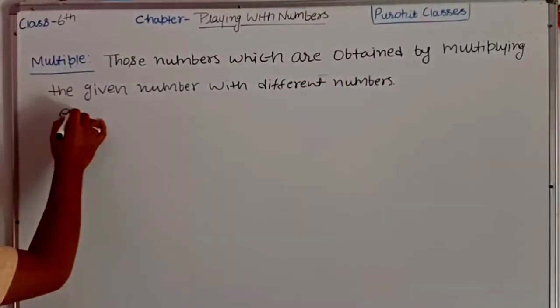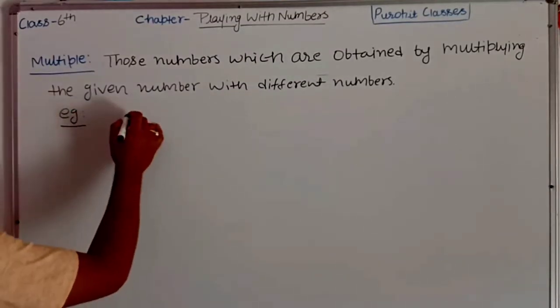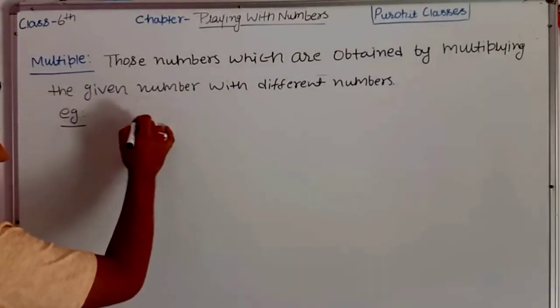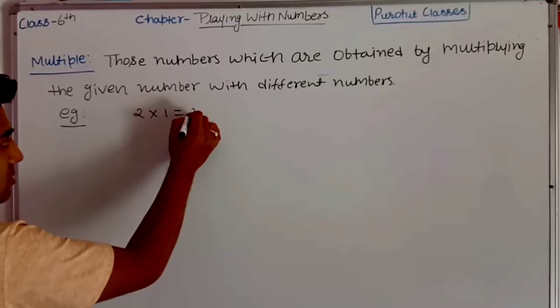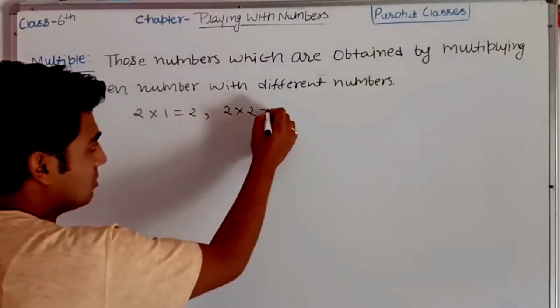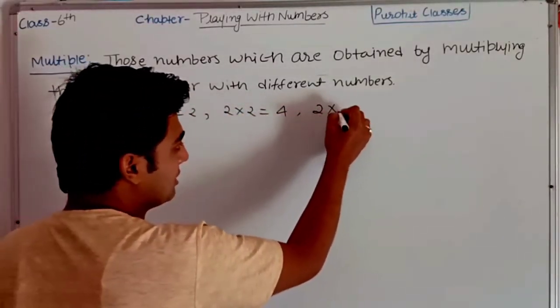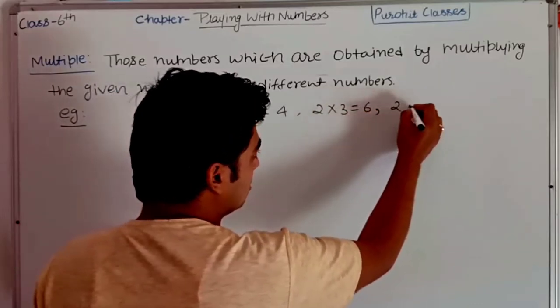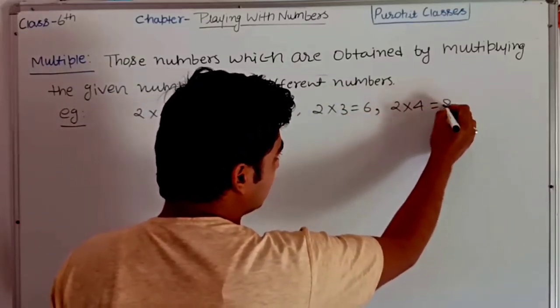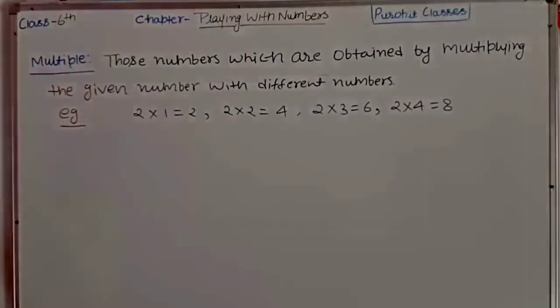Example, as we have done: 2 ones are 2, 2 twos are 4, 2 threes are 6, 2 fours are 8, and it will be continued.